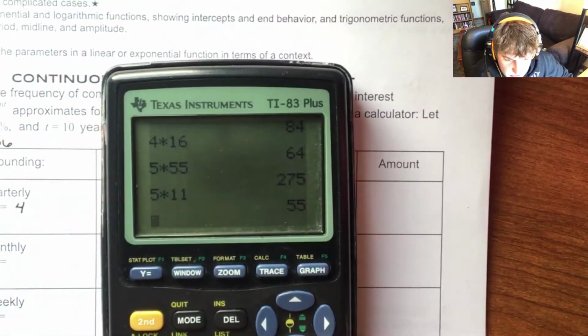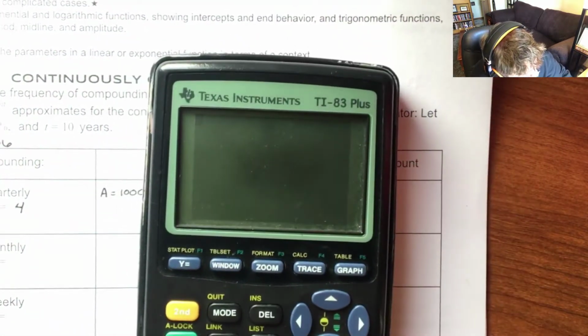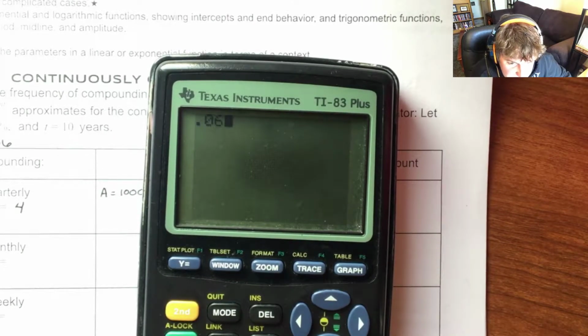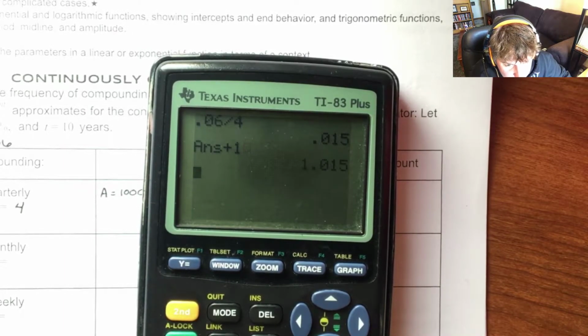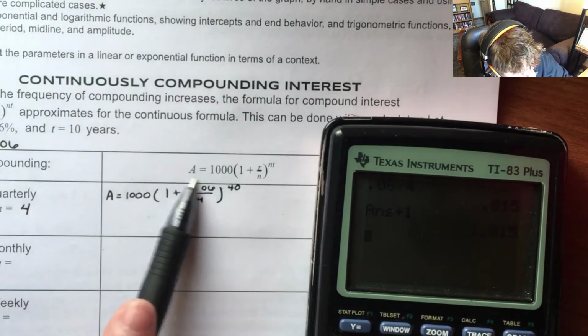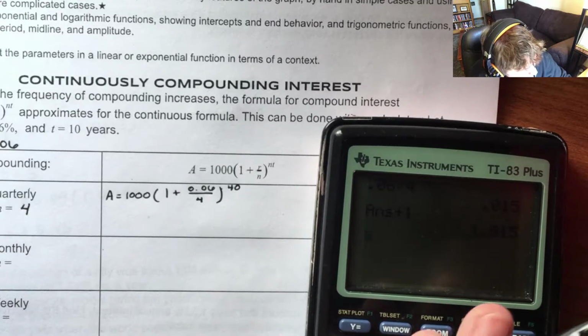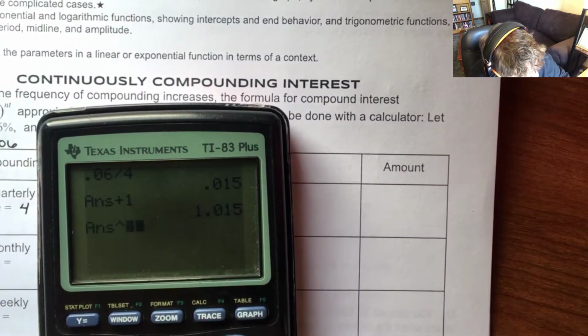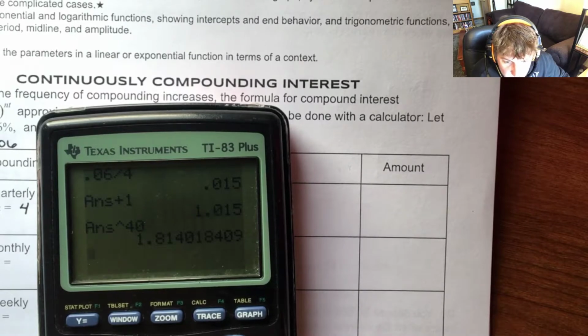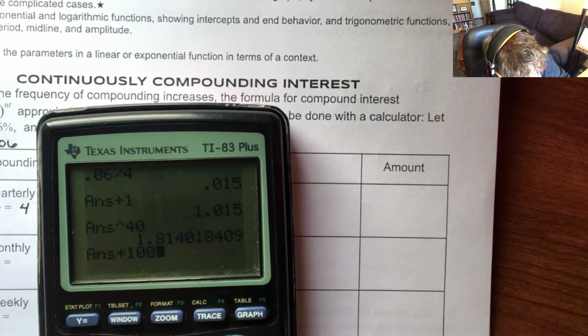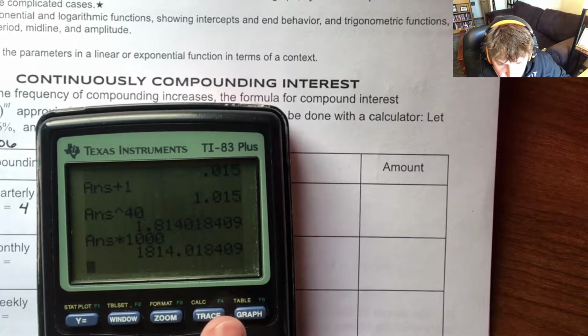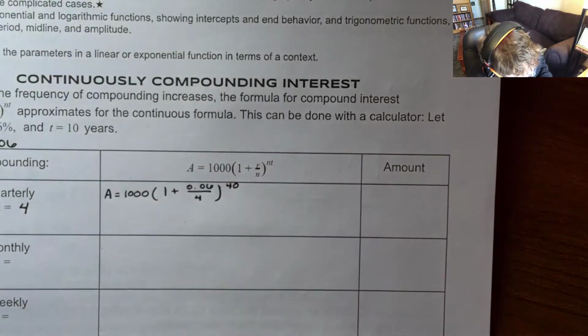So we have 0.06 divided by 4 plus 1. That's this inside part here. Now we have to raise that to the 40th power, and then we're going to multiply it by the principal, which is 1,000. 1814.02.